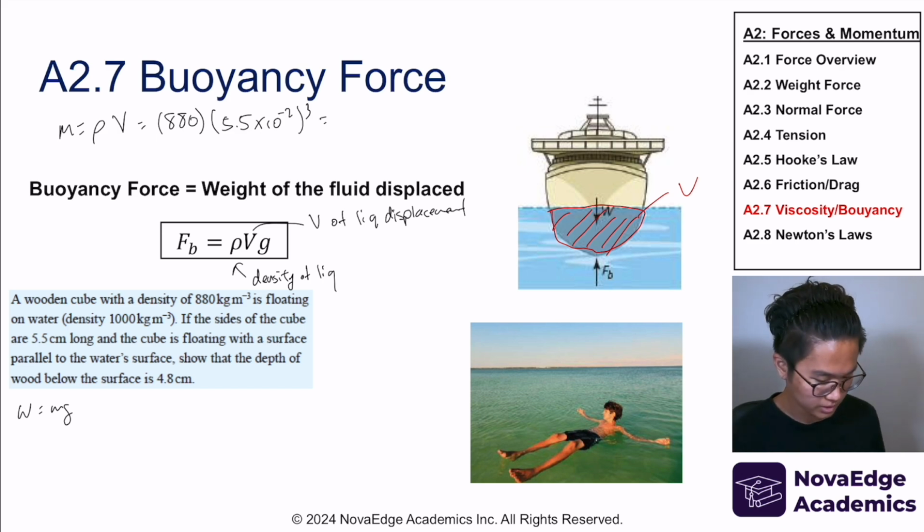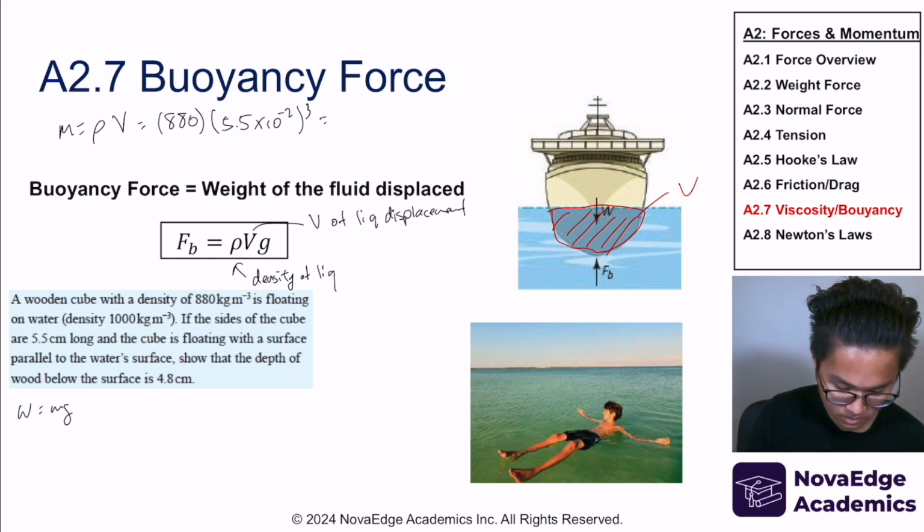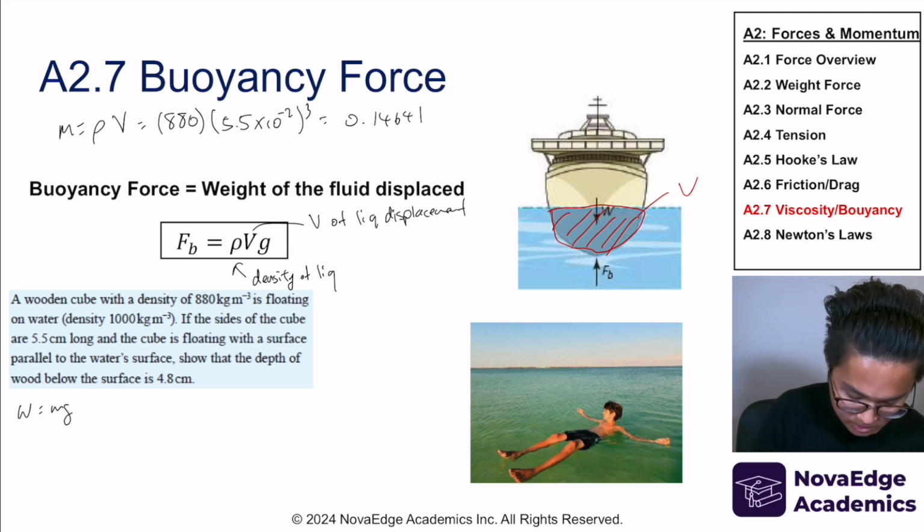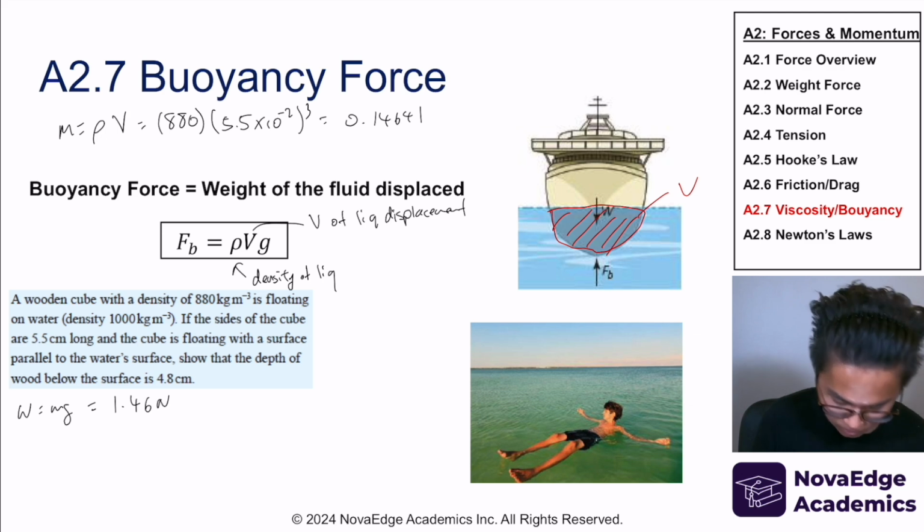So what do we get? We get 880 times, okay, this is equal to 0.14641. Okay, multiplying that by G, we get that this weight force is equal to 1.46 newtons.